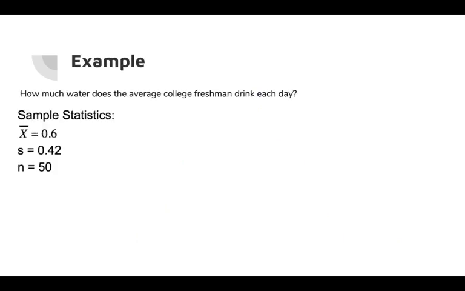Okay, so let's work this example out from beginning to end. So we're here. We set the null hypothesis. We're saying that they do drink 0.8 liters of water a day. The alternative hypothesis, the one that we want, says that they don't drink 0.8 liters of water a day.